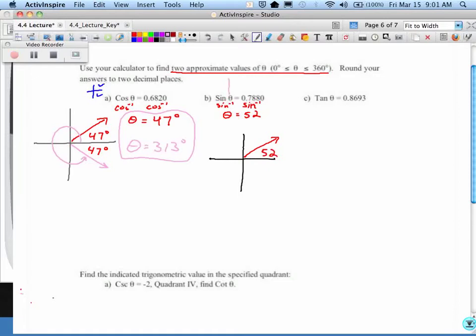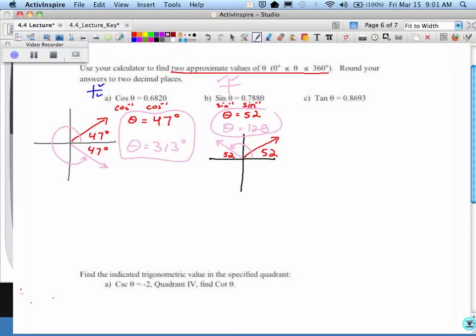So let's draw a terminal side in the second quadrant and wrap it all the way around to there. Bring that 52, the reference angle from the first one, over here. I did not reach 180 degrees. I was 52 degrees short of 180. What is that? 128. Good. Both of those produce that decimal we started with.